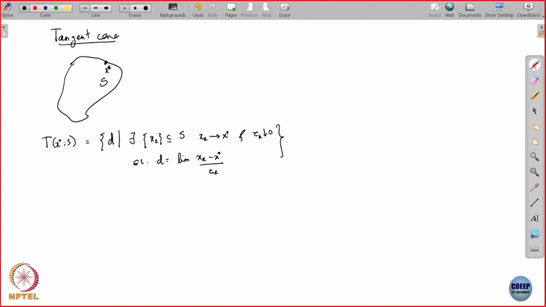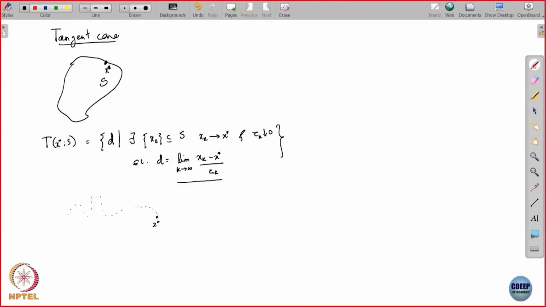Okay. So, what we learnt was that if you look at this sort of sequence that is eventually converging to x star, so here is my point x star suppose, and this is my sequence that dances around all over and then eventually converges to x star. Then this ratio, limit as k tends to infinity of xk minus x star divided by tau k, is actually capturing the tangent to the trajectory of the xk's.